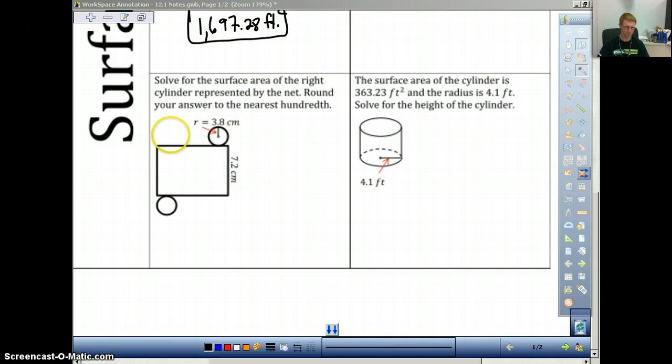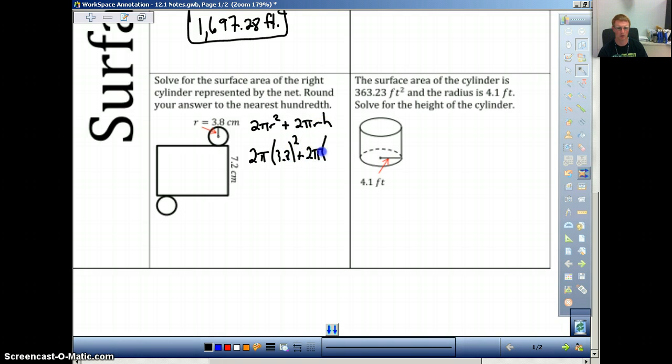Okay, so what we have here is we have a radius here. So here's what we're going to do. Here's our formula: 2 pi r squared plus 2 pi r h. Let's plug everything in. 2 times pi times 3.8 squared plus 2 times pi times 3.8 times h, which is 7.2.